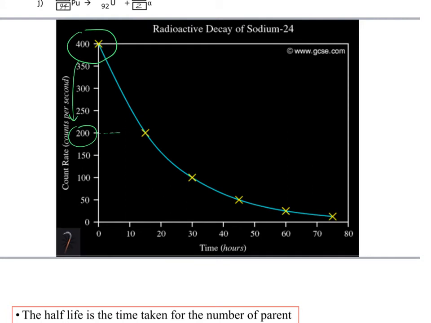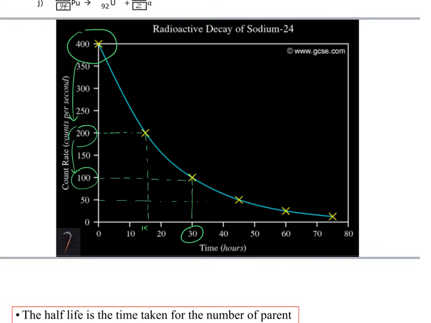So if we were to read off the half-life on this graph, we'd expect it to be looks about 15 hours. If we then looked at the next half-life, 200 to 100, we'd expect then that to occur 2 half-lives later, 30, which is 2 lots of 15 hours. Okay, so we could even go to 50.